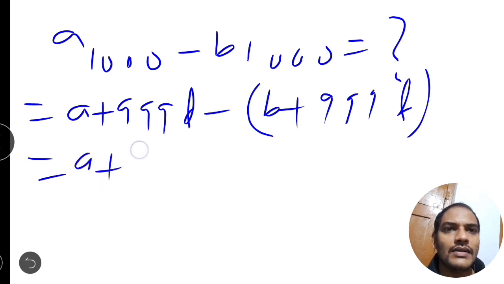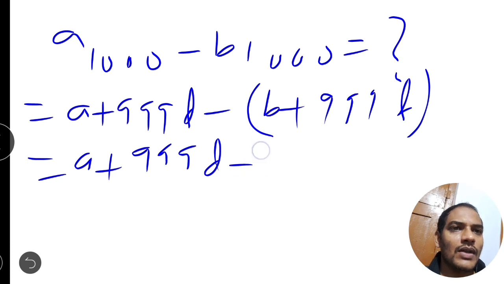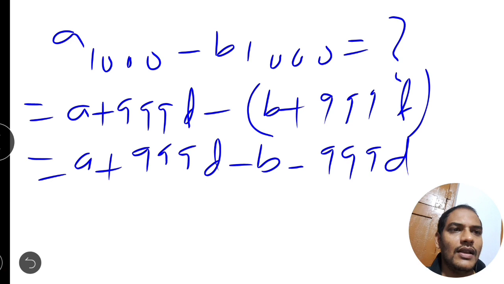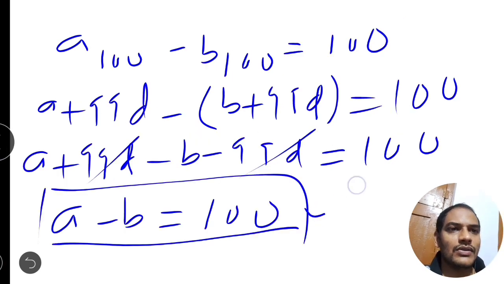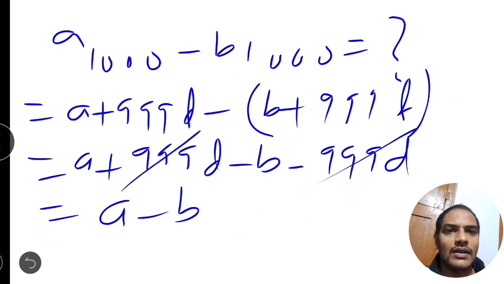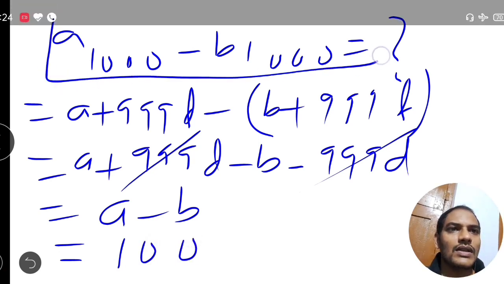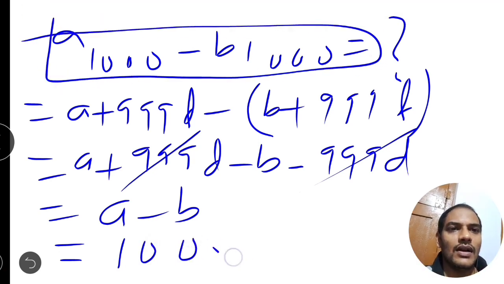Now A plus 999D, remove the bracket, minus B minus 999D. Is there any cancellation? Yes, plus 999D and minus 999D both cancel, so A minus B, but the A minus B value we already found is 100. So the difference between their thousandth terms is also 100.